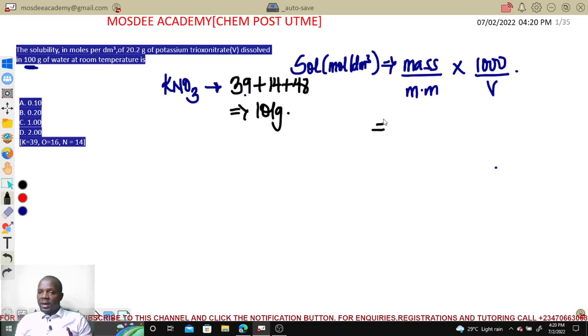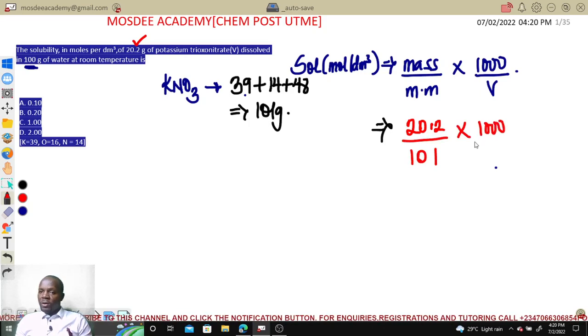So substituting that, the mass of the salt given here is 20.2 divided by the molar mass of the salt, 101, times 1,000 over the volume. Because this is dissolving in water, it has turned to volume. Trust me when I ask you to follow the line of this.